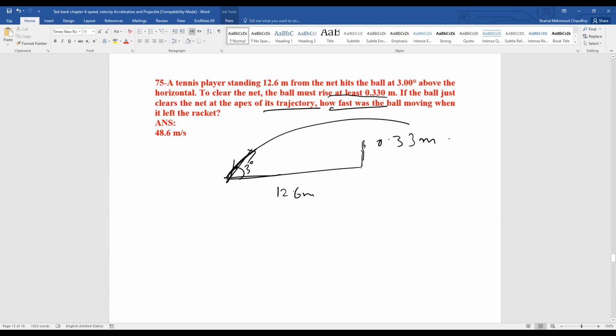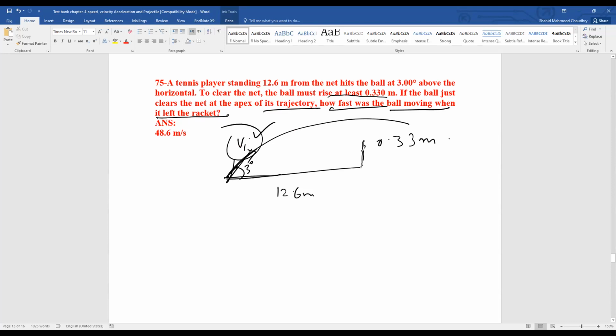Okay. How fast was the ball moving when it left the racket? So you have to find this Vi value. When it leaves the racket, we should know the Vi value.